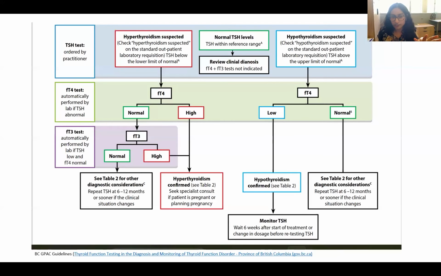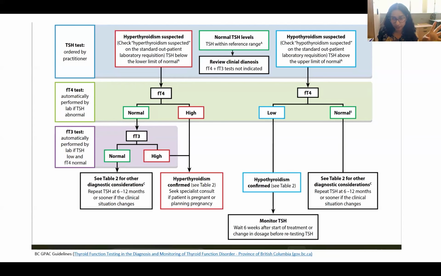If the TSH level is high and you've said hypothyroidism suspected, free T4 is done. If the free T4 is normal, you're done again. You're thinking that we're going to think about other causes, and we'll talk about that a bit more in detail. But if the free T4 is low, then you've confirmed hypothyroidism.